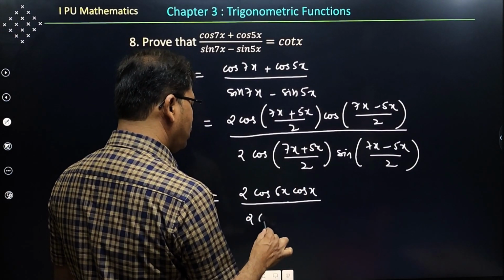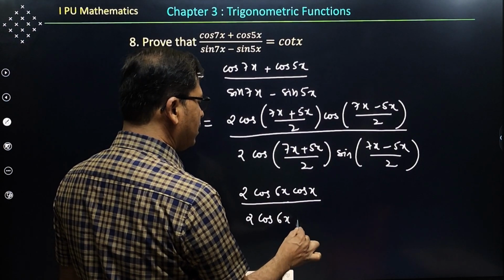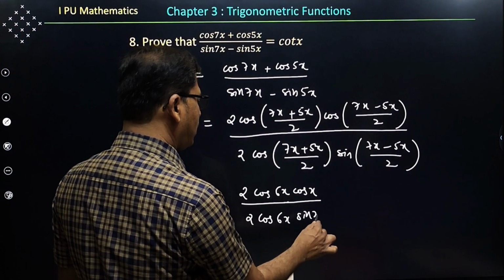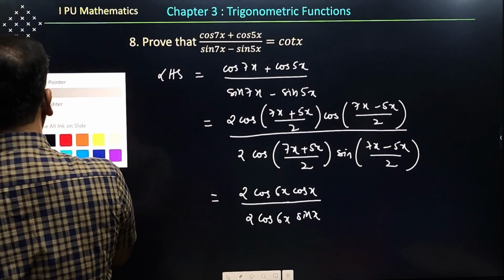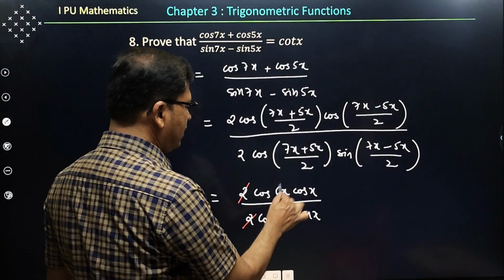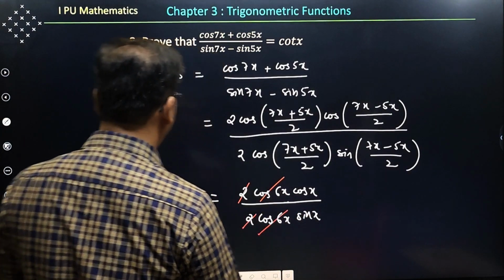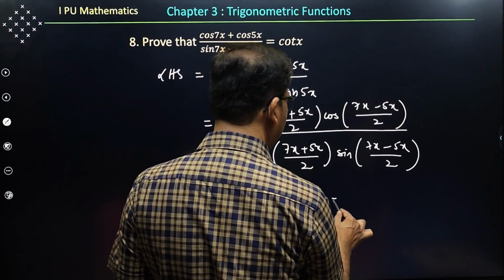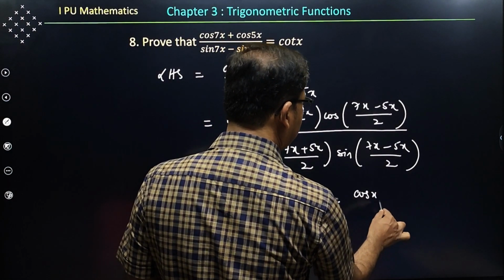This is 2 cos 6x into sin, what are you getting? x only. Now it is time to eliminate. 2 and 2 can be eliminated. Cos 6x and cos 6x can be eliminated. Cos x divided by sin x remains.